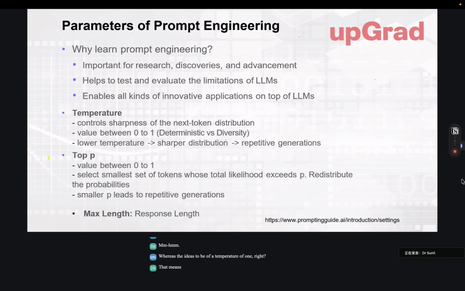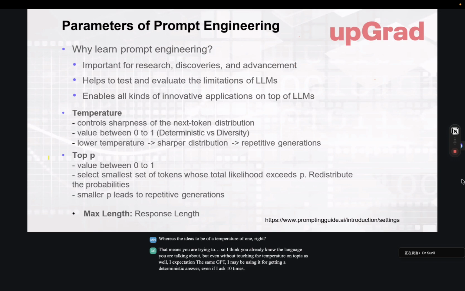That means you are trying to... I think you already know the temperature you are talking about, but even without touching temperature and top P, I'm just asking about expectation. The same GPT I may use for getting a deterministic answer, even if I ask 10 times, or the same thing I can make creative as well.